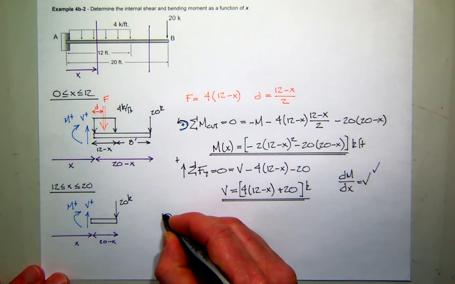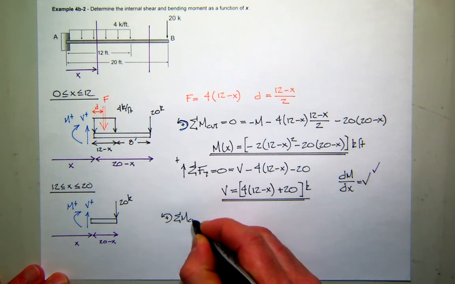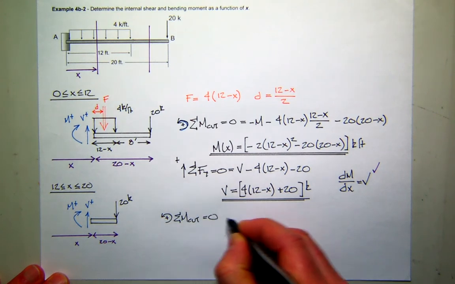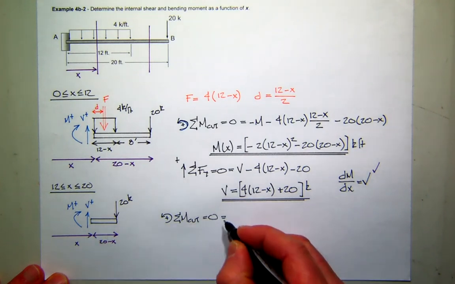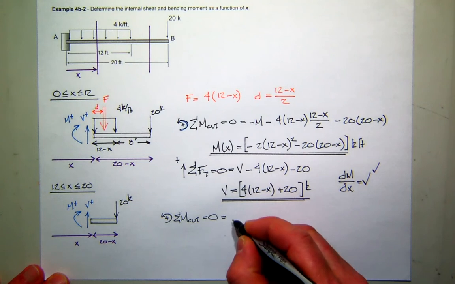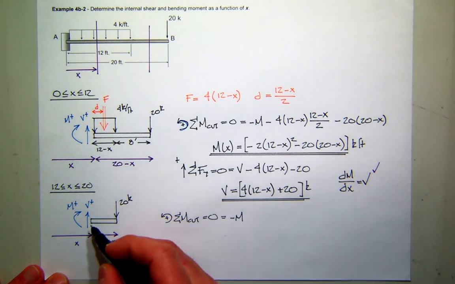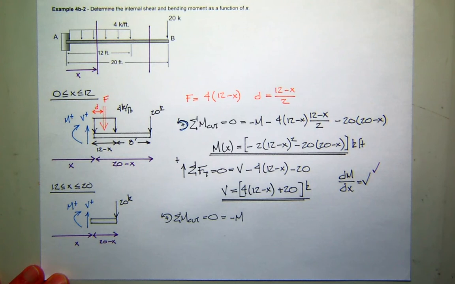So to finish this problem, we're just going to sum the moments at the cut to make sure it's in equilibrium using right-hand rule. So here, our moment is going to be what? Positive or negative? Negative. And then the moment about the cut face, this 20 kip force creates positive or negative moment?